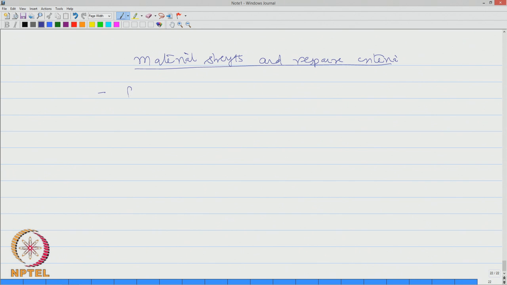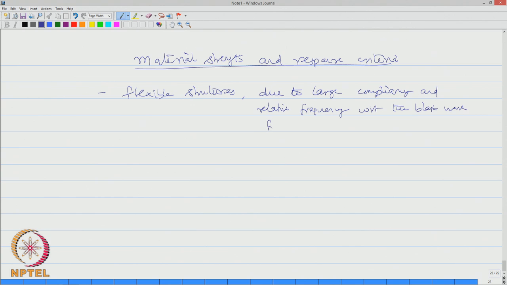We know that flexible structures, due to large compliancy and relative frequency with respect to the blast wave frequency, will attract lesser blast wave loads.